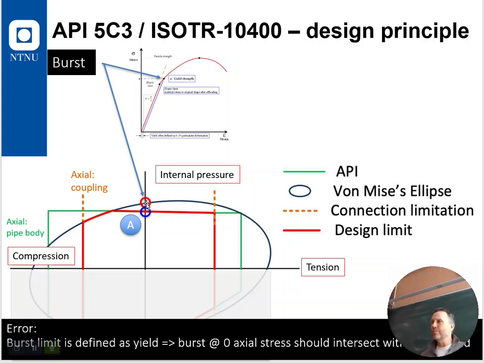It's only valid in one point, and that's following this graph here up. It's not valid to the right or to the left, even though we extract that line normally in the design envelopes.